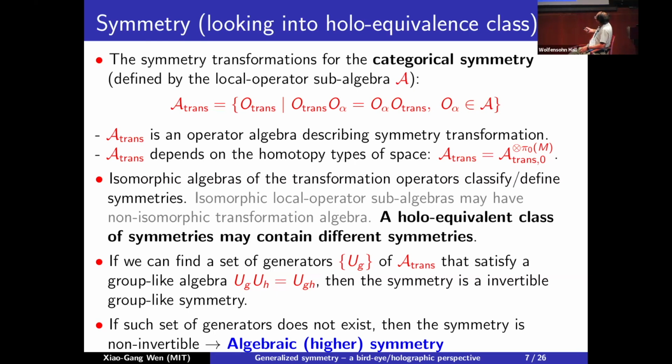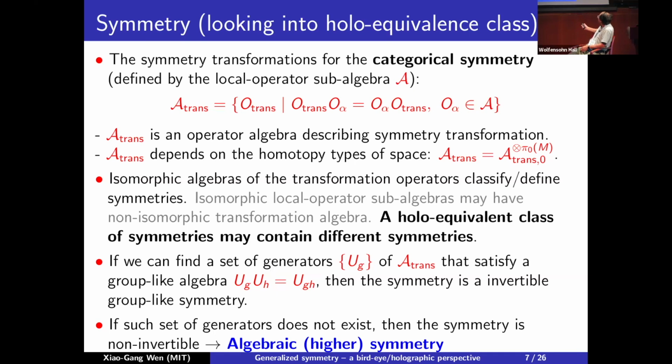So here I want to say that the algebra of a symmetry transformation depends on the topology of the space. Usually we say the symmetry is the symmetry, it doesn't matter how you choose the space your system lives in. But actually this symmetry algebra depends on the choice of space.